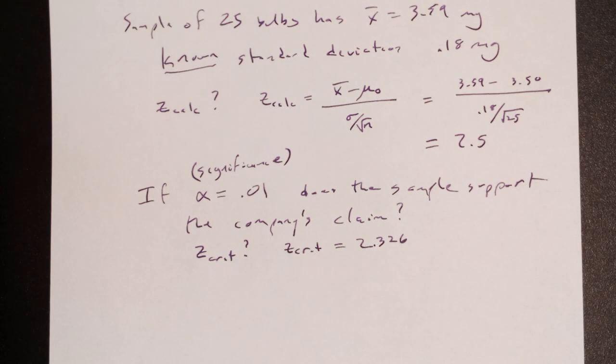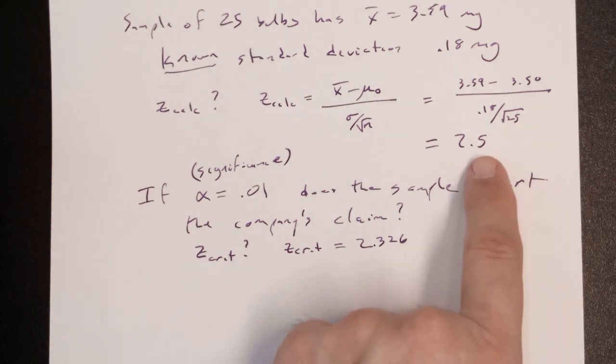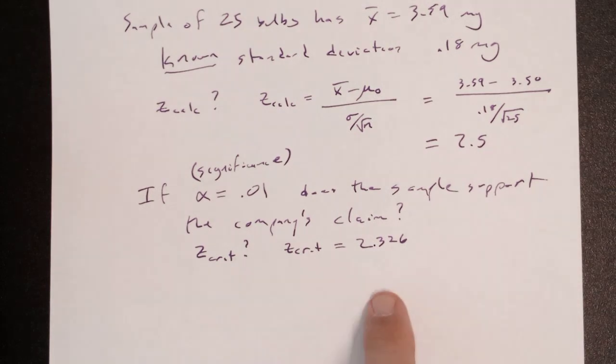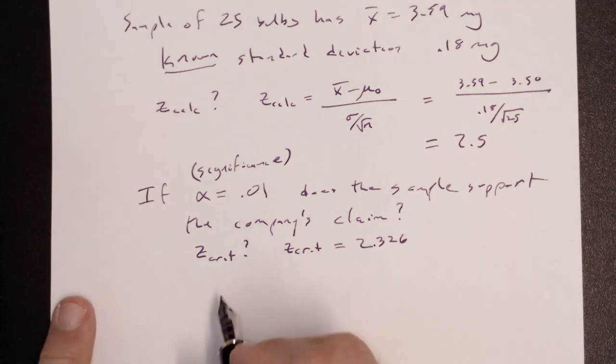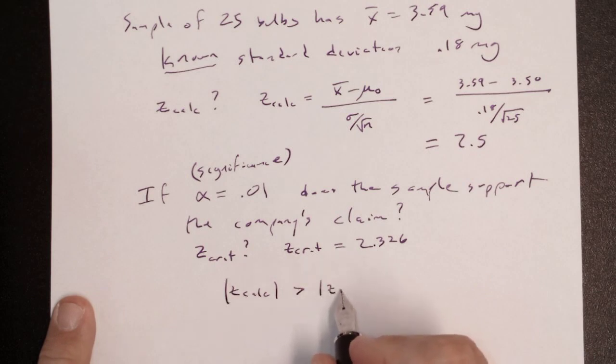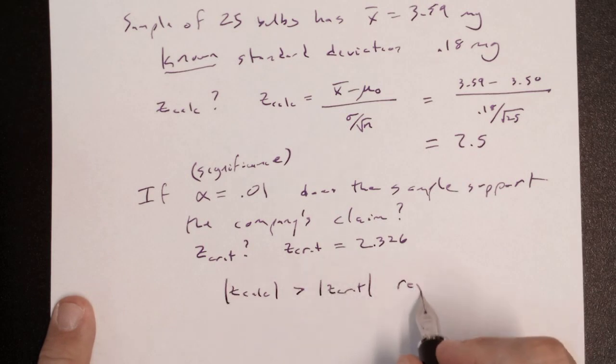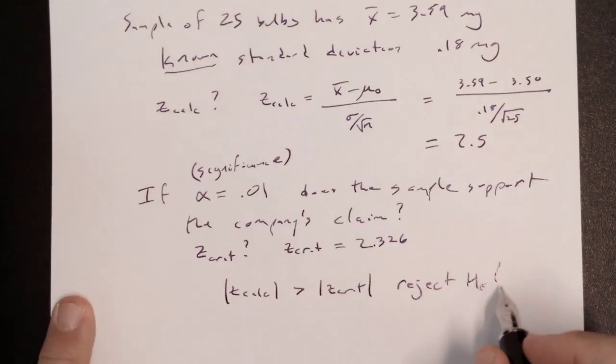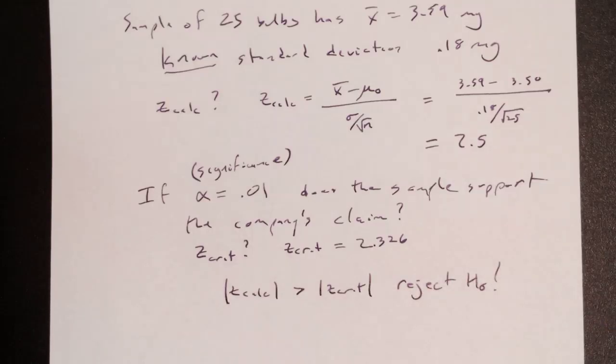Do I reject or keep my null hypothesis? Because this number in absolute value is bigger than this one. What does that mean for this light bulb company?